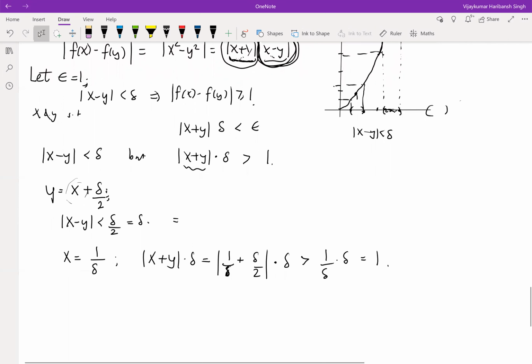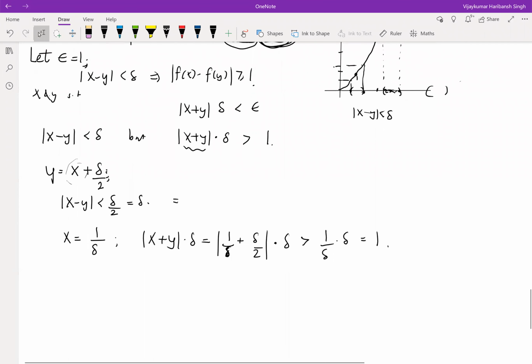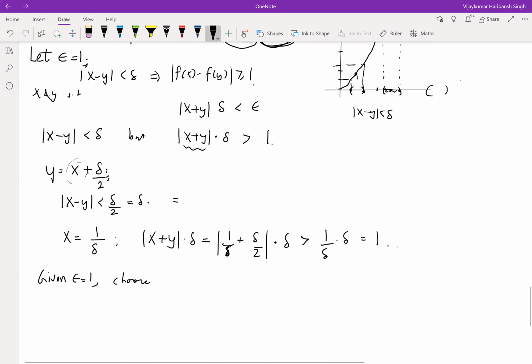So let's write this result nicely down now. Given epsilon equals 1, choose x equals 1 by delta, y equals x plus delta by 2, such that |x minus y| is less than delta.